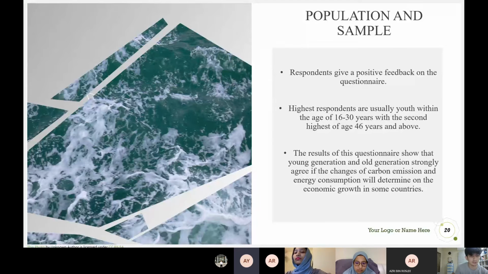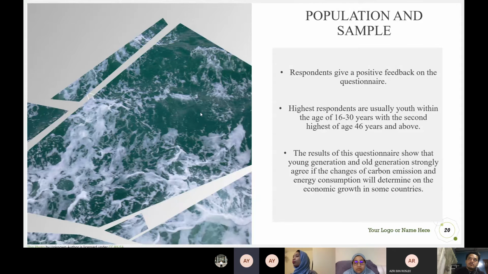Based on the population and sample. Based on the sample of 100 respondents when we did our questionnaire, the impact of carbon emission and energy consumption on economic growth through IBM SPSS statistics showed that most of the respondents gave positive feedback on the questionnaire.